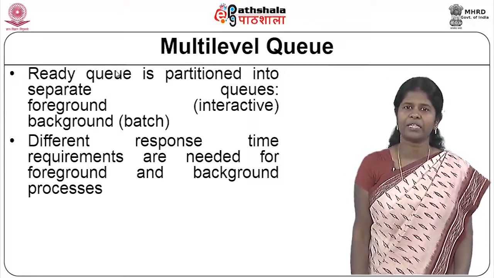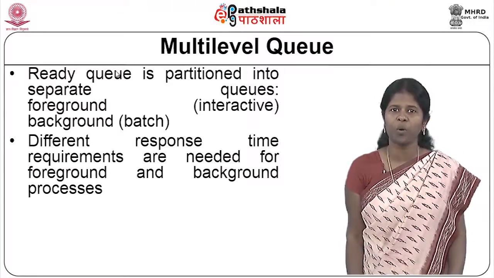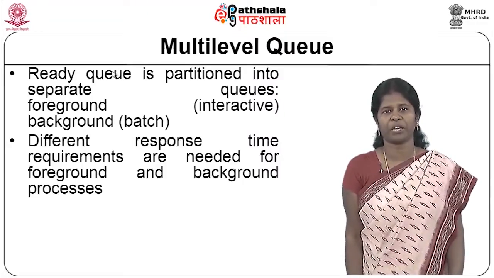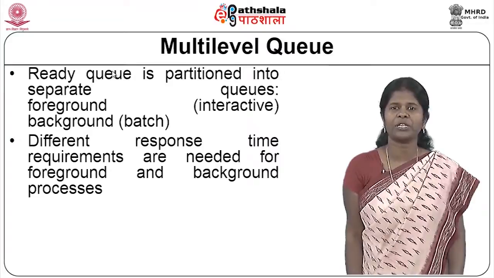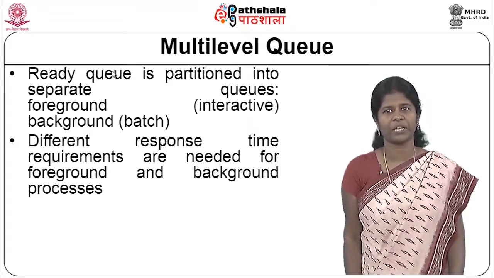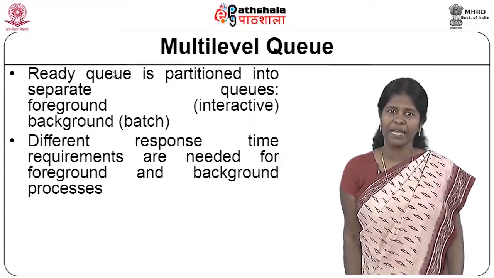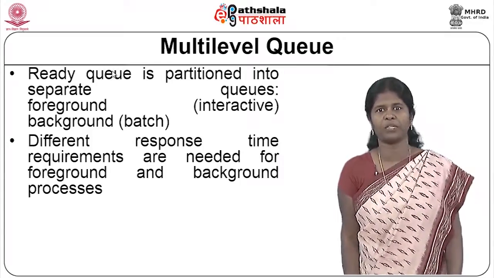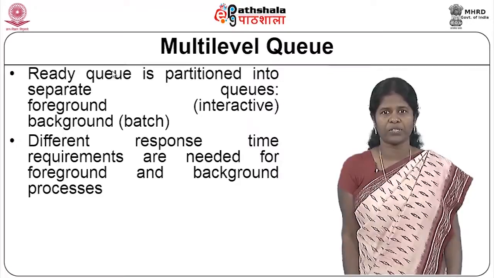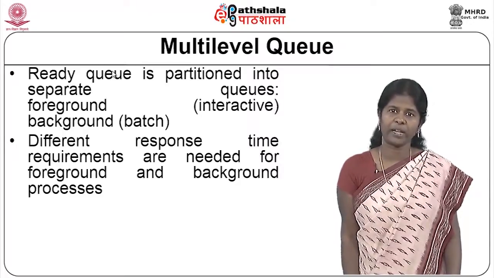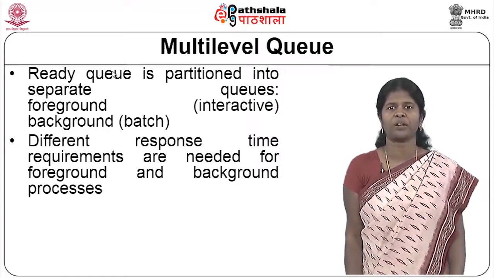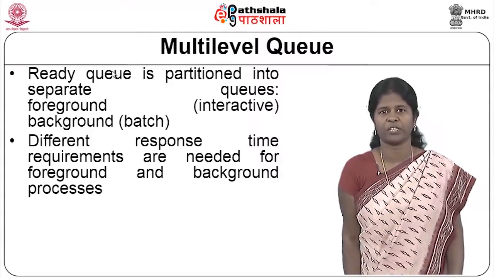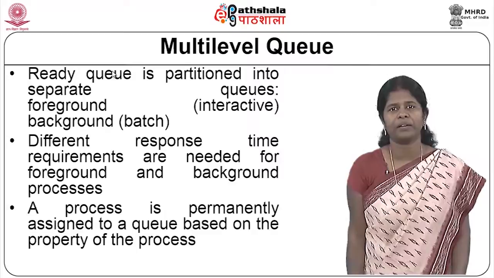The processes that go into the different queues have different response time requirements. The foreground or interactive process needs a much quicker response compared to a background process, which does not actually need much response.